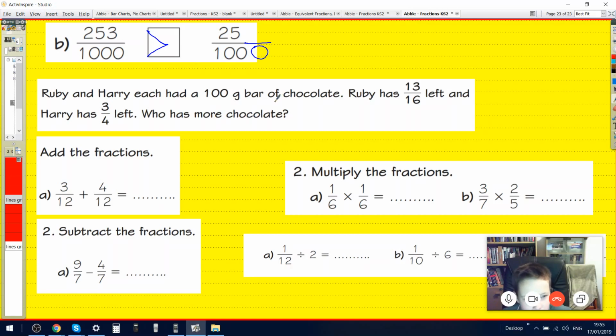The smallest times table that they both go into is the 2 times table, or 4 as well. No, you want to get a common multiple, so it should be bigger than at least one of them.